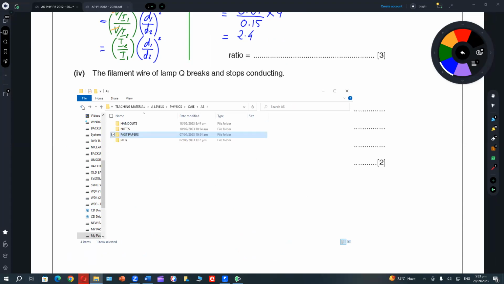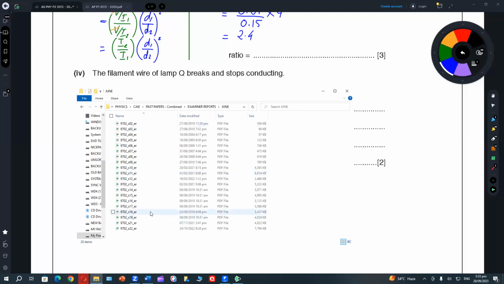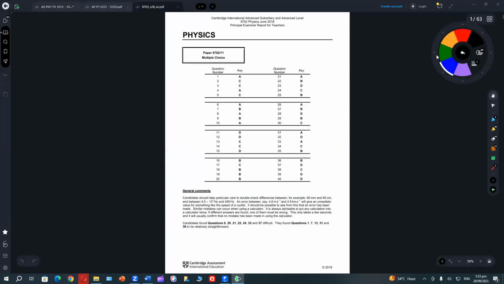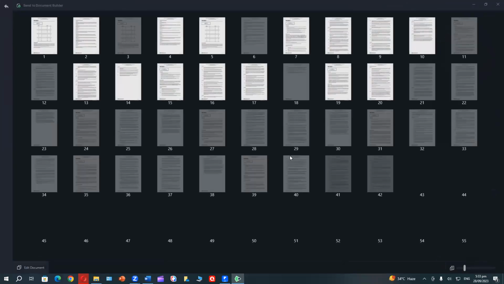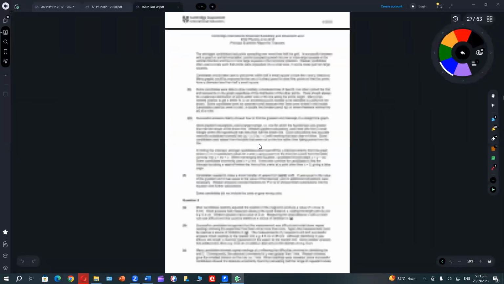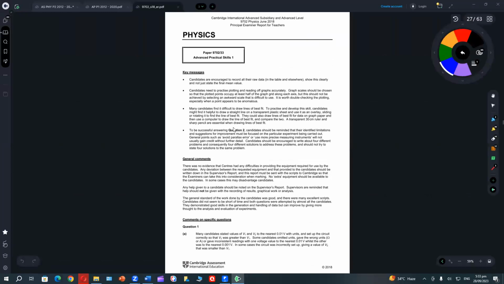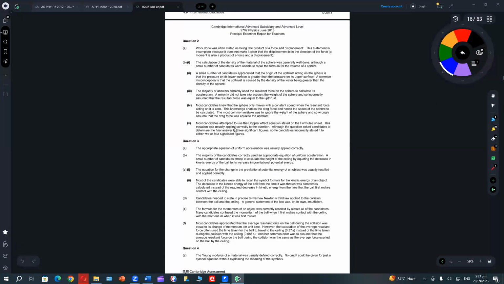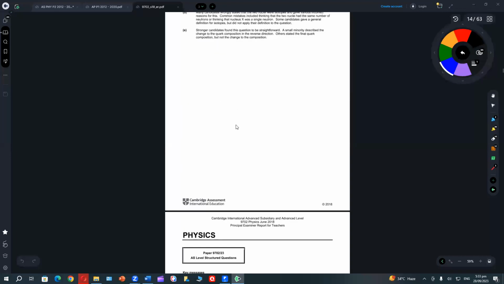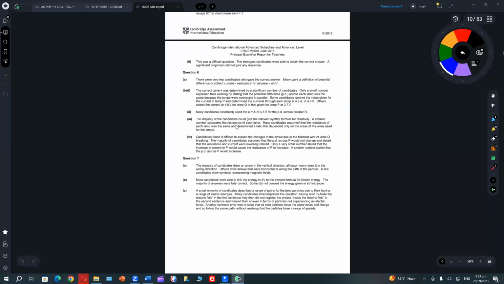Normally, people focus on the marking schemes and they just leave. So as a reference for our exercise pattern, I am opening the examiner report.